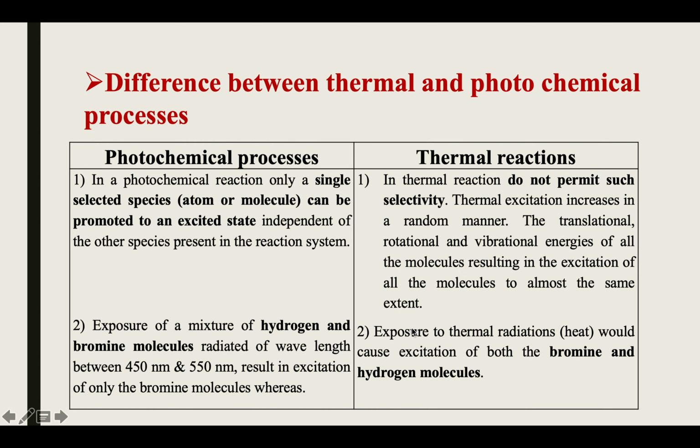If you expose it to thermal radiation, that is heat, that would cause excitation of both bromine and hydrogen molecules. Both the hydrogen molecules and bromine molecules start vibrating, so all go to the excited state.